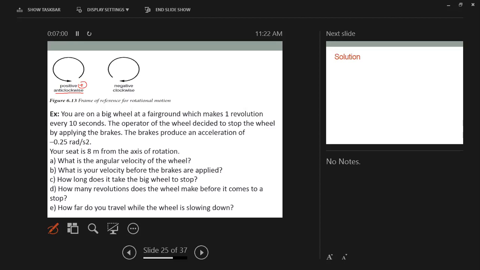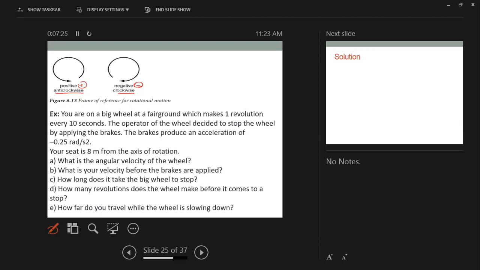When the object moves clockwise, the torque this time will be negative. When the object moves anti-clockwise, the torque will be positive. When the object moves clockwise, the torque will be negative. Okay. So let's check the question here.